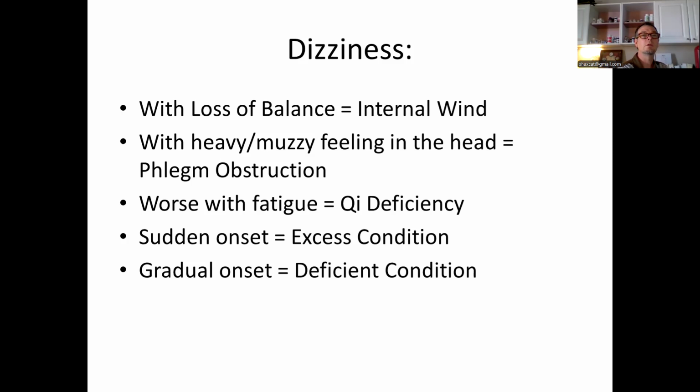Sudden onset, excess condition, like you just got an external pathogen that hits you right in the face and came on really quick. If it's a gradual onset, usually there's been a deficiency going on for a bit and it's just caught up with you. It's like the straw that broke the camel's back.